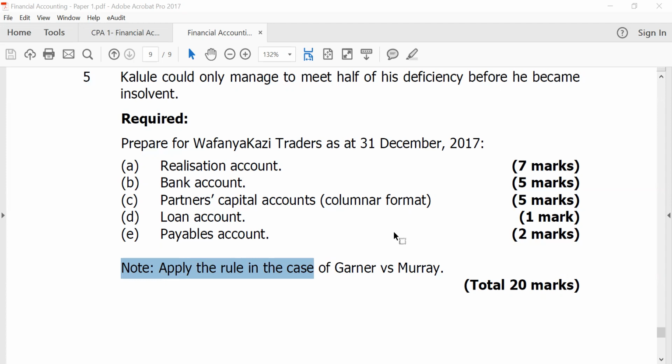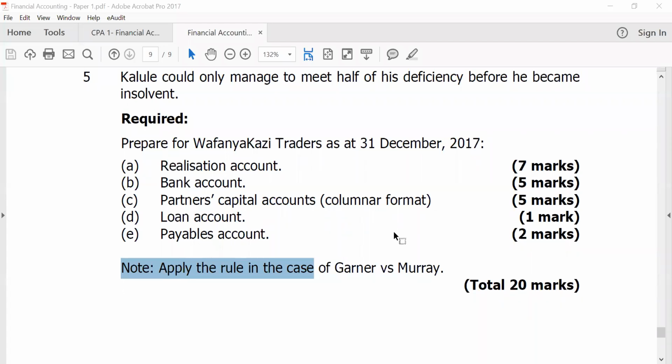The person who cannot pay is called insolvent. So the solvent partners, the partners who are still okay financially, they basically take over and bear the so-called deficiency in the ratio of their capitals standing in the balance sheet on the date of the dissolution of the firm.